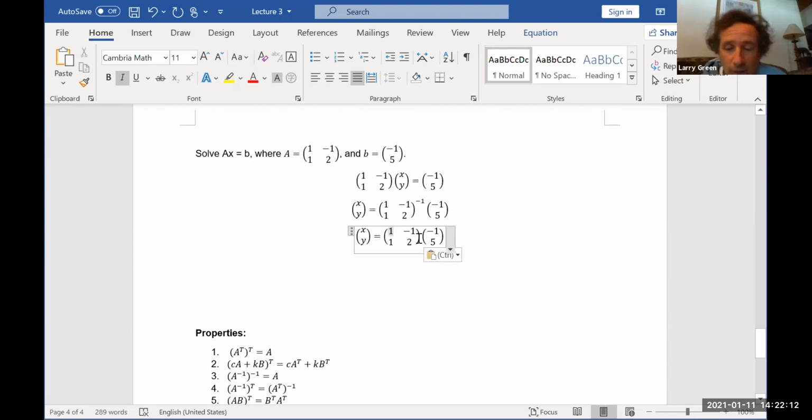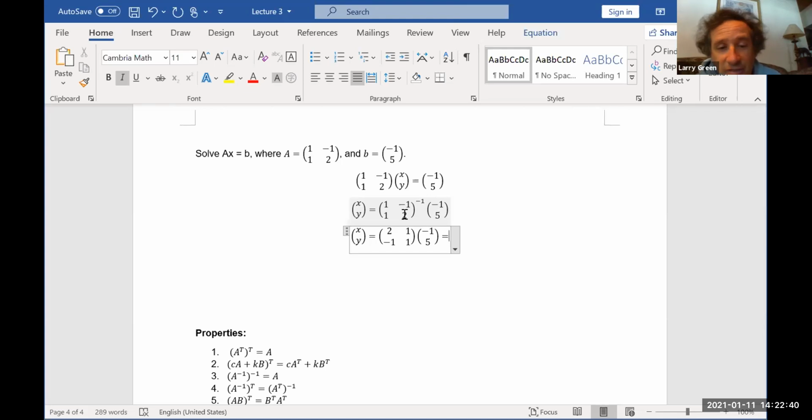Okay, so the 1 becomes a 2, the 2 becomes a 1. And then this 1 becomes a -1. This -1 becomes a 1. Now that is equal to, well, now we just do matrix multiplication.